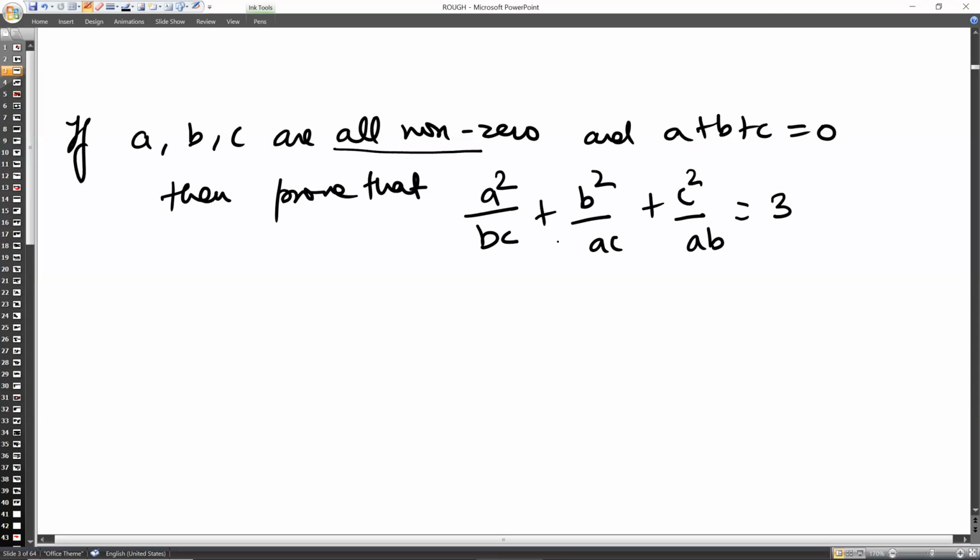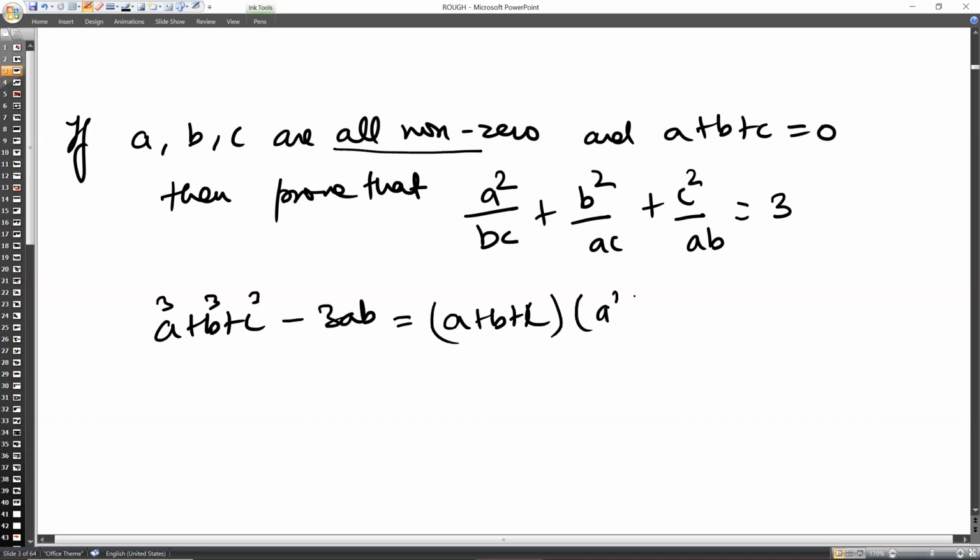This is very simple. How you can do this is we have an identity: A cube plus B cube plus C cube minus 3ABC is equal to A plus B plus C bracket A square plus B square plus C square minus AB minus BC minus CA.